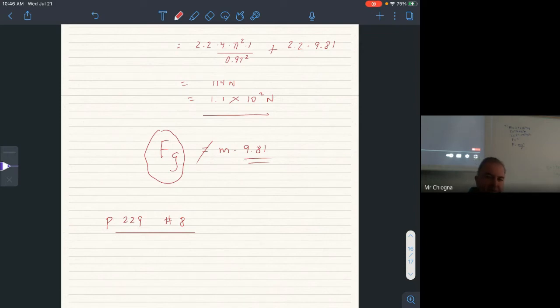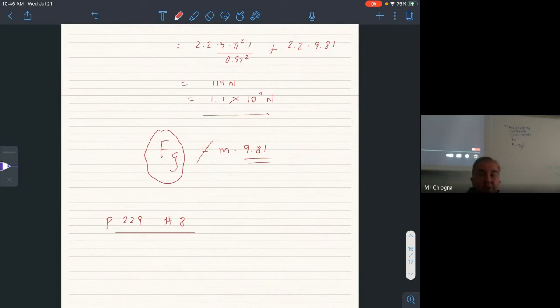And the distance between the center of the block and the Earth. What is he going to use for the distance? The block is on the surface of the Earth. It's not given, but let's say you didn't have it, you'd look at the back of the formula sheet. Look at the size of the radius of the Earth, approximately 6.4 million meters, 10 to the 6.